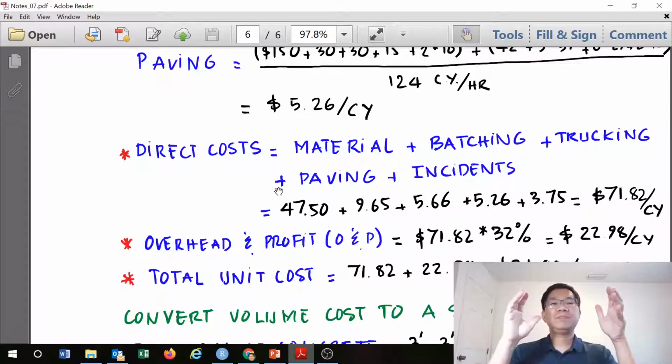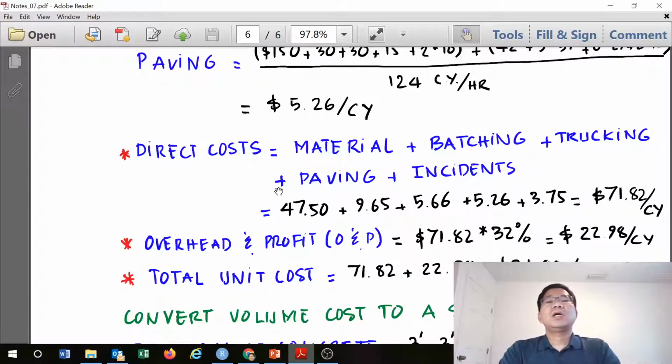Then we find out the direct cost. If you learned in project planning, the direct cost is the cost directly attributable to the physical work of the pavement. In this case it includes the material in the concrete, batching at the plant, the cost to produce and mix the concrete, trucking, equipment and labor, paving, including equipment and labor, and the incidentals.